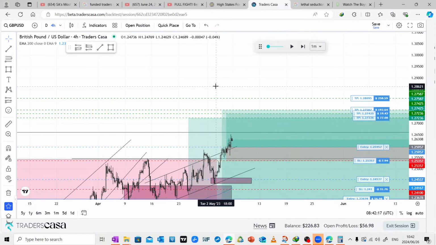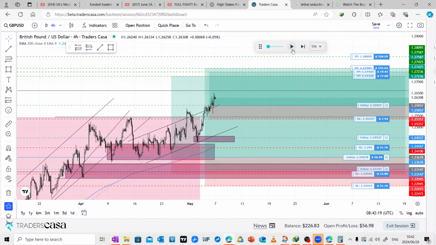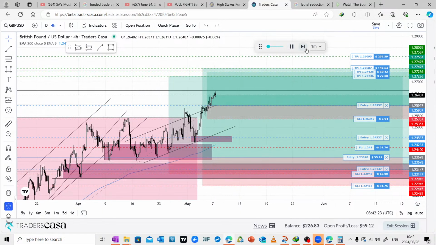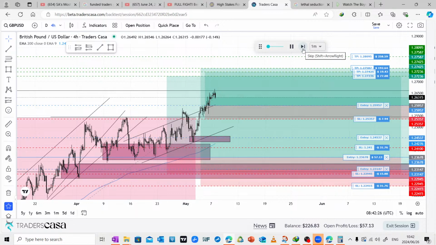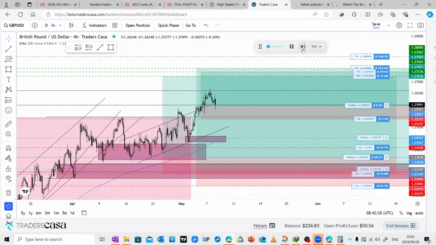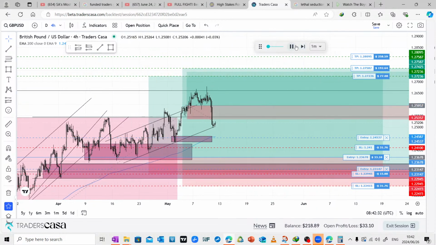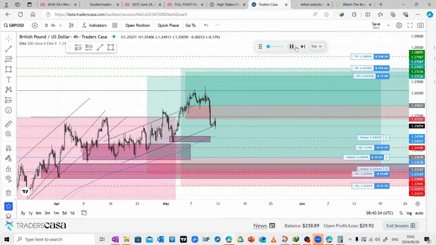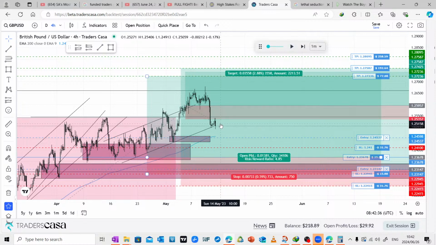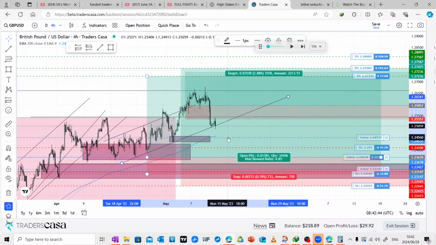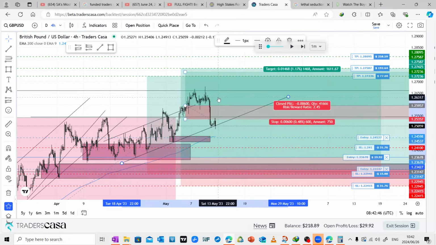Alright, we'll play that. Tagged in. Okay, tagged out. That's another entry right here, but I know it's gonna fake us out, because what this entry is gonna do is fake us out and come to this buy side right here.